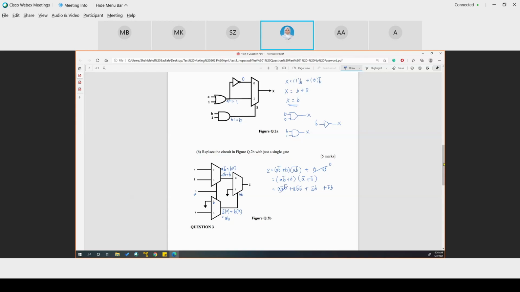A bar, that's a 0. B bar, that's a 0. So it leaves you with AB bar plus A bar B. And this is an XOR.